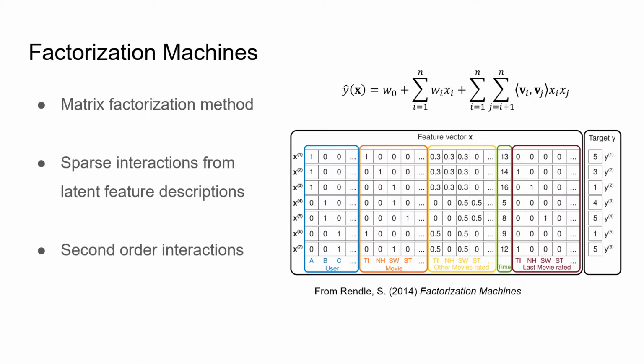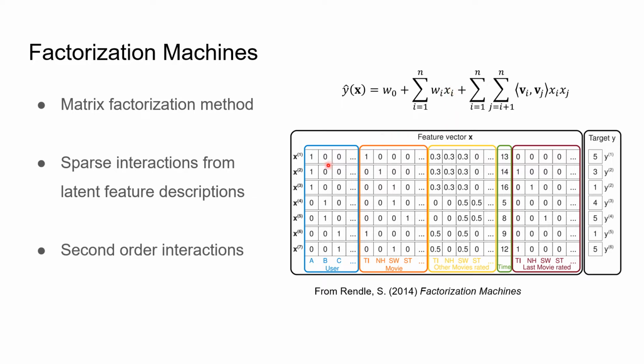Factorization machines are a matrix factorization method where the interaction between users and items is enabled through a latent feature description. So specifically for factorization machines, for example, the target Y here can be described by some global bias, the bias for each of the features that you would typically have.